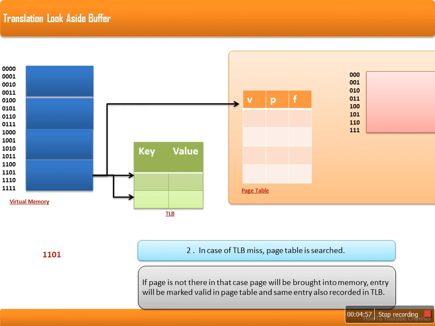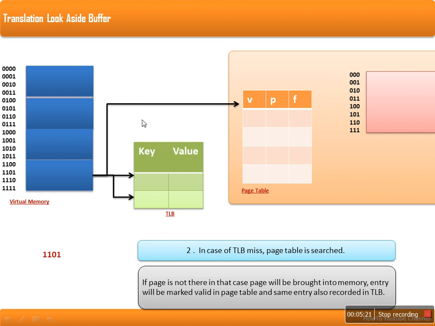In the page table also there is no entry for this page number, or rather there will be an entry but that entry will be invalid. Here, say pages 0, 1, 2, 3, and the valid bits will be 0000 because no page is available in RAM right now, so all pages are invalid.